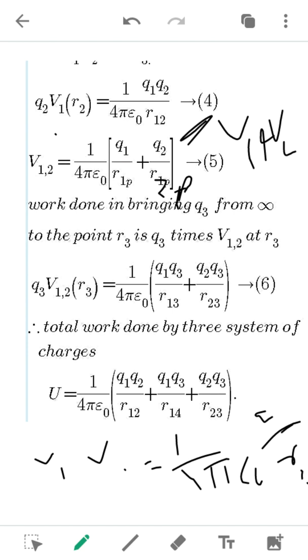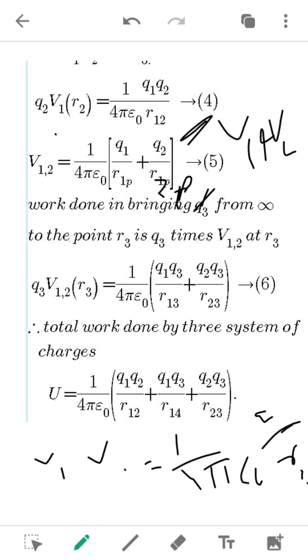Therefore V12 equal to 1 by 4 pi epsilon naught, Q1 by R1P plus Q2 by R2P. Make a correction here: in the fifth equation it is R2P.